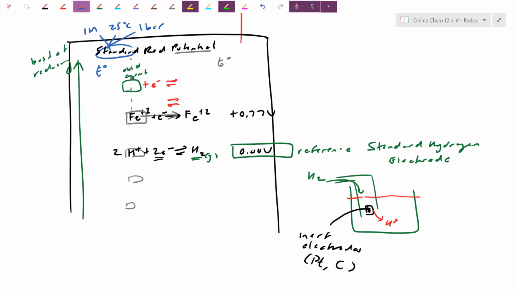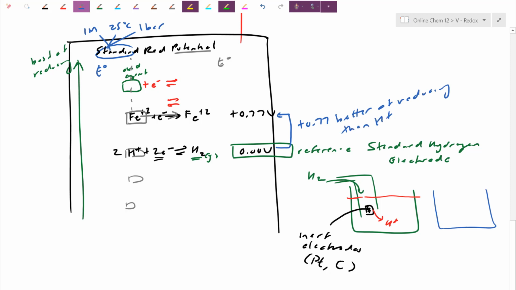When I hook up my iron cell, relative to the hydrogen cell, the iron cell is positive 0.77, better at reducing than H plus. Notice I'm looking at the left-hand side here. Okay. As I start going lower than it, let's just pick another reaction here.